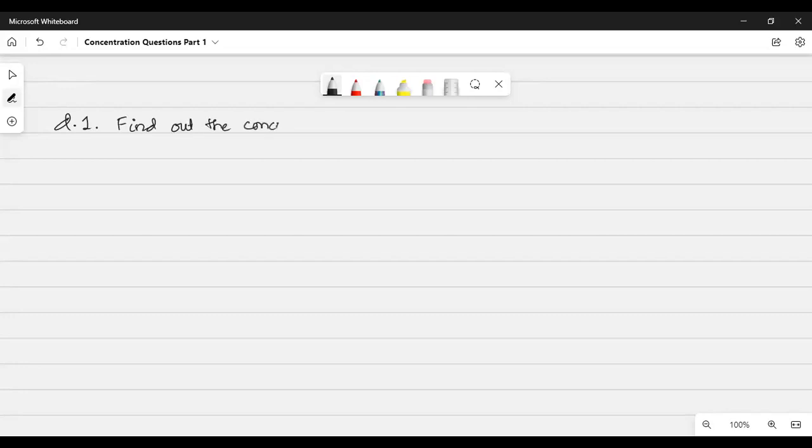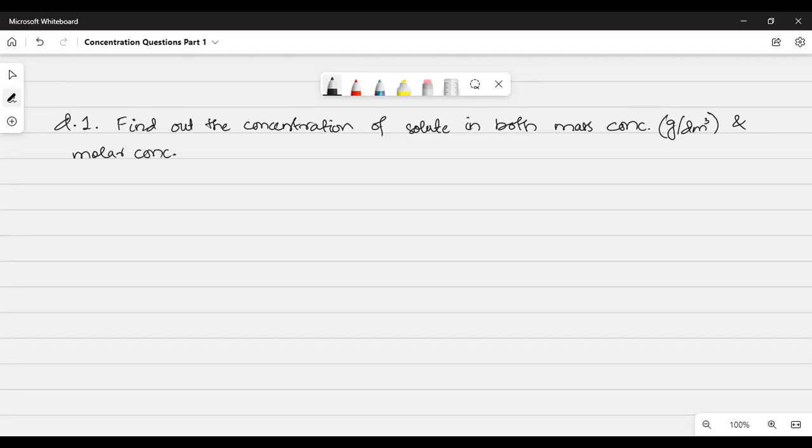Find out the concentration of solute in both mass concentration, which is stated in gram per decimeter cube, and molar concentration, which is stated in mole per decimeter cube units.